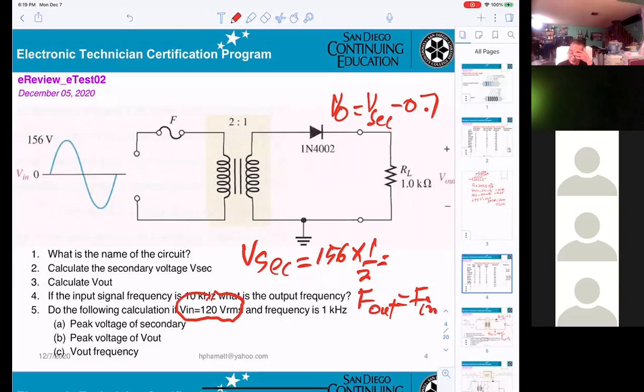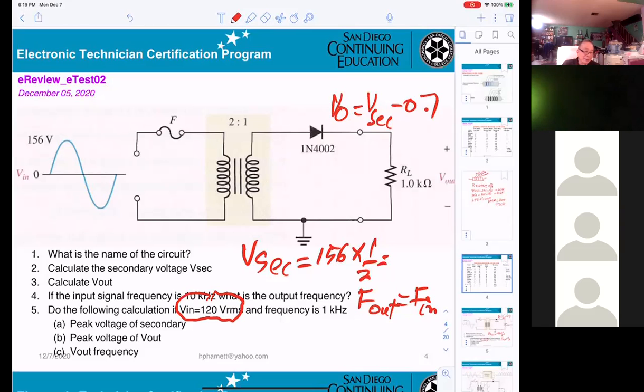Who can get the answer? Is it not 60? You have to change RMS into peak. Oh, right, that is a trick point. They gave you the input VRMS, but they are asking for the secondary in VP.